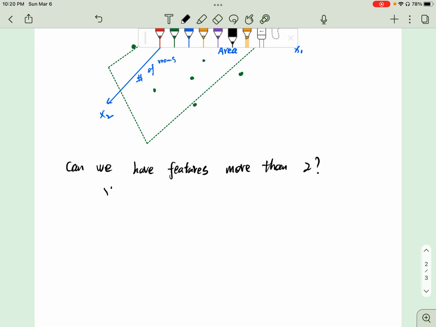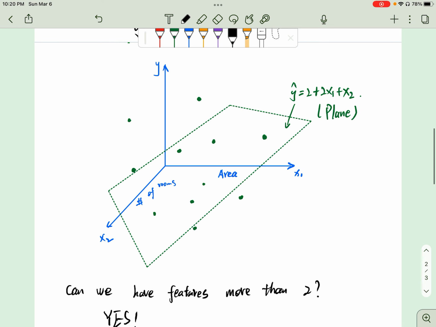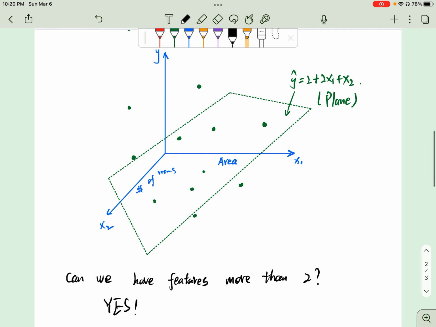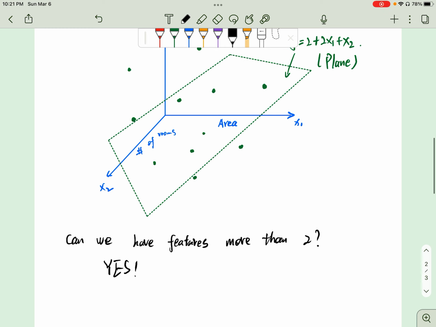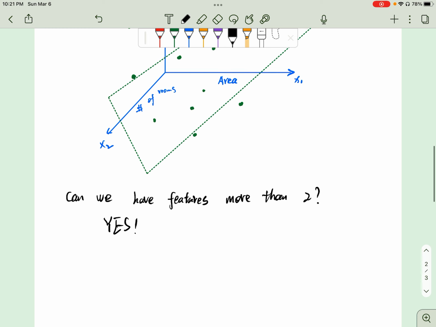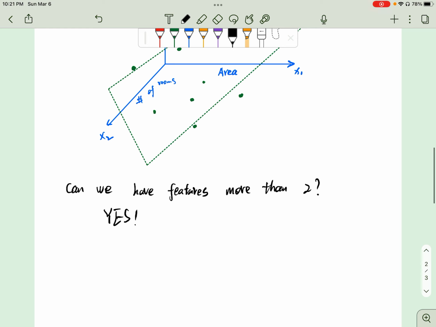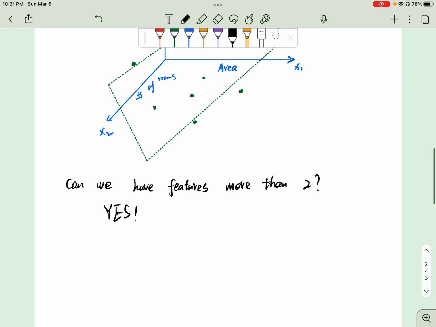Of course, the answer is yes. We cannot predict the price of a house by just the number of rooms and area. We may consider the distance of this house to a school, and we may also consider the number of bedrooms inside of this house. So you can have as many features as you want.